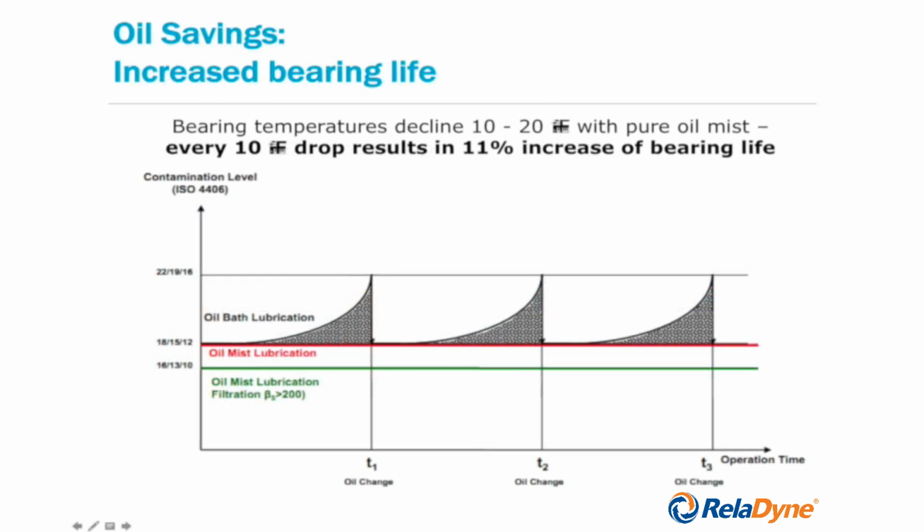A bearing temperature decline of somewhere between 10 to 20 degrees Fahrenheit with pure oil mist, and every 10-degree drop typically is associated with an 11% increase of bearing life. Please pay attention to where it says oil bath lubrication. That would be the conventional lubrication.